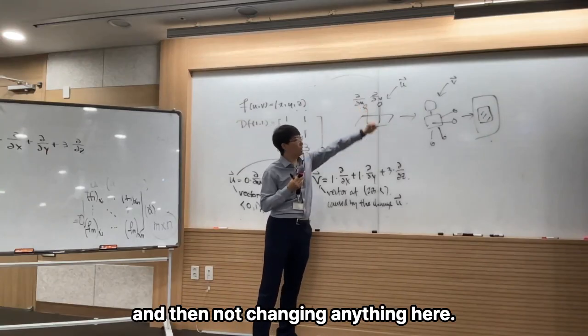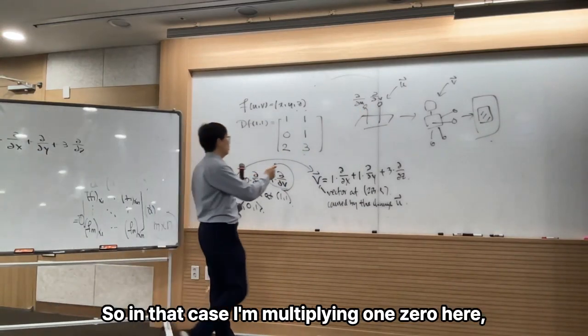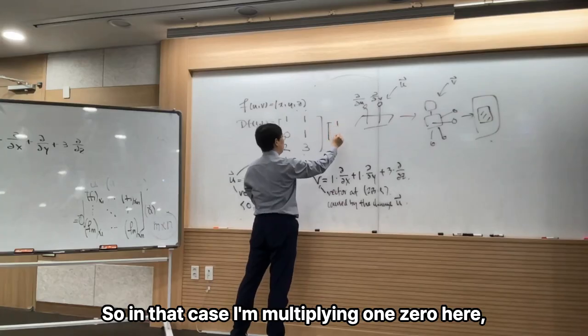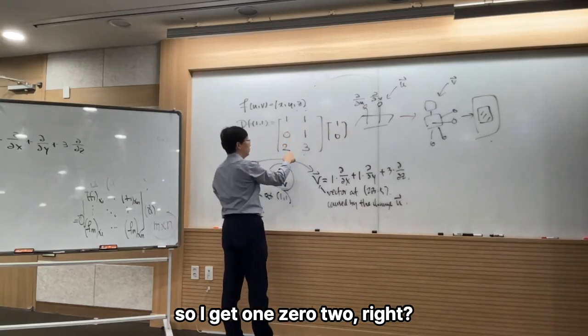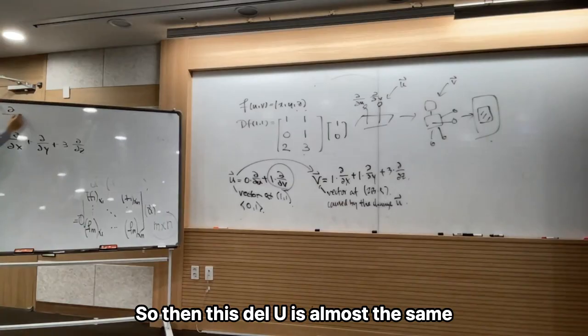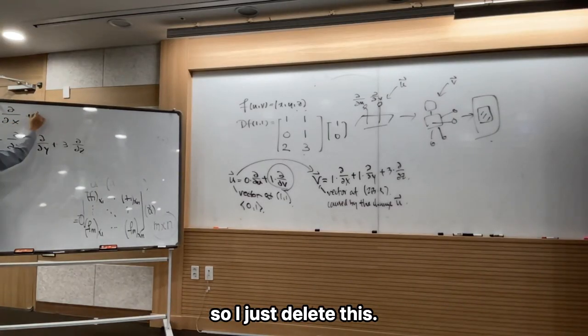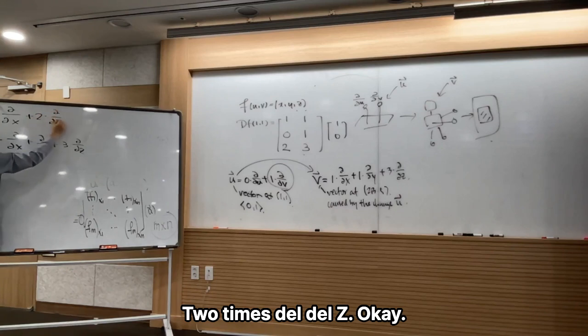Then I'm multiplying 1, 0 here, so I get 1, 0, 2. So this del U is almost the same as just having del X plus 0 del Y, so I just omit the 2 times del Z.